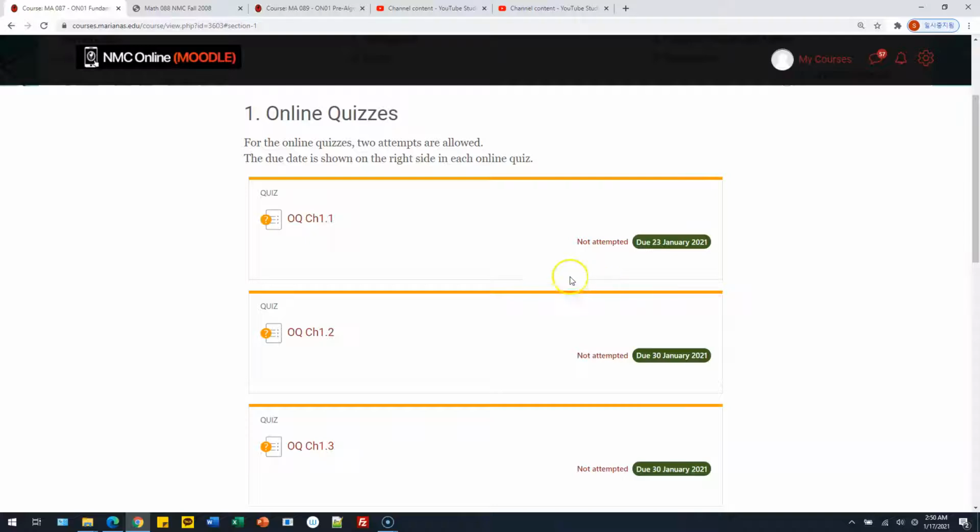So for this week, for the first week, complete 1.1 by this date. Always refer to the due date. The date of this due date will be different for every semester.